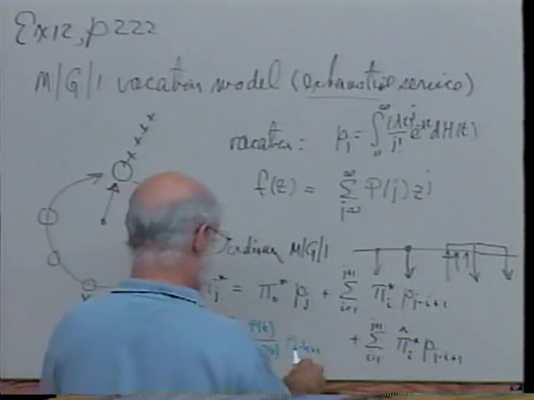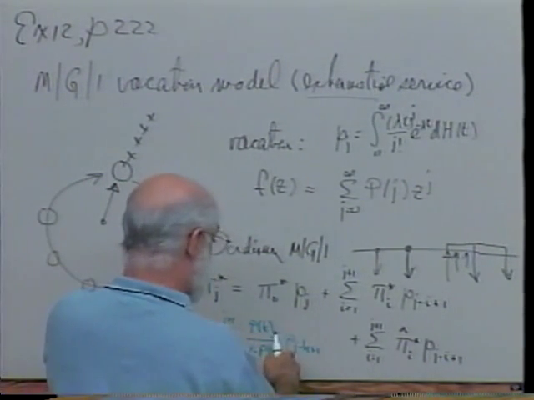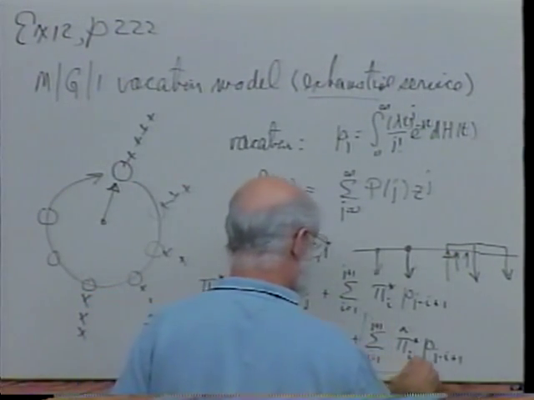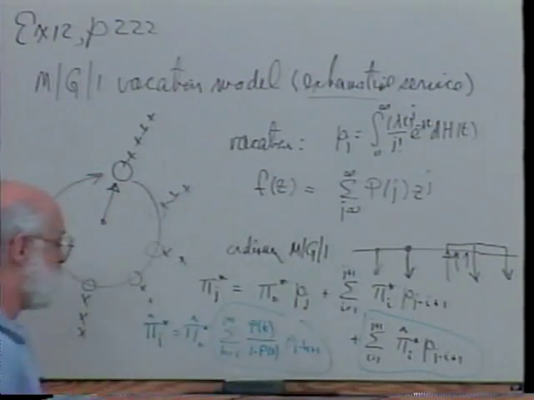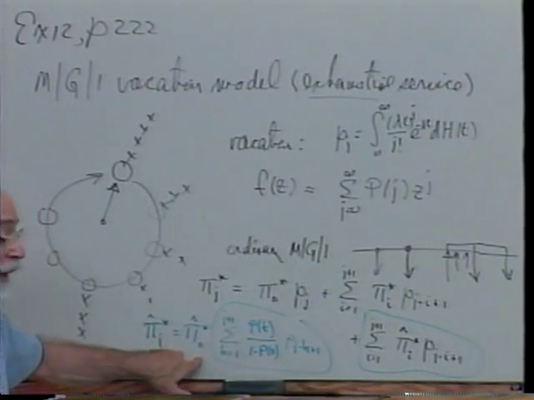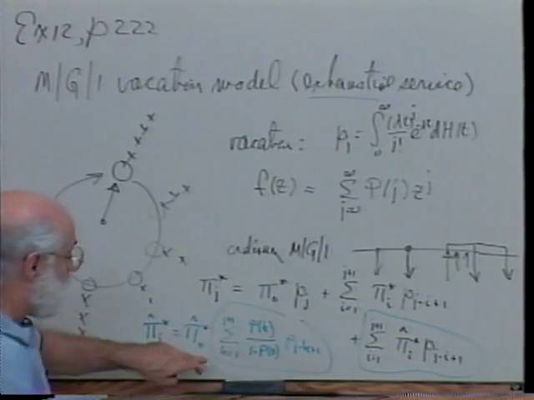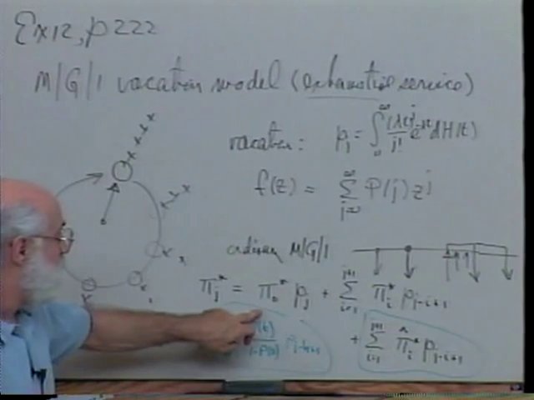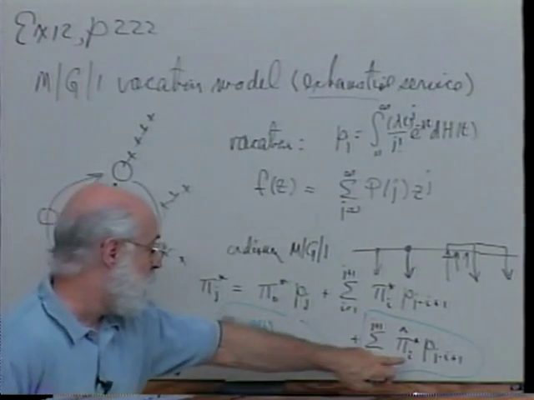So this term, except for the 1 minus p0, looks just like this term. If I took that 1 minus p0 outside, then this term is exactly the same as this term, except that what I've named k here, I've named i here.